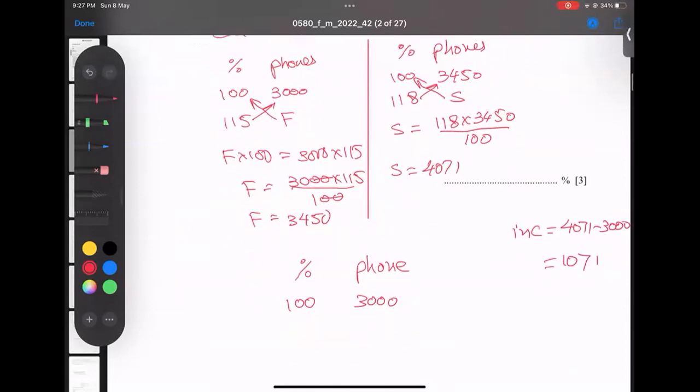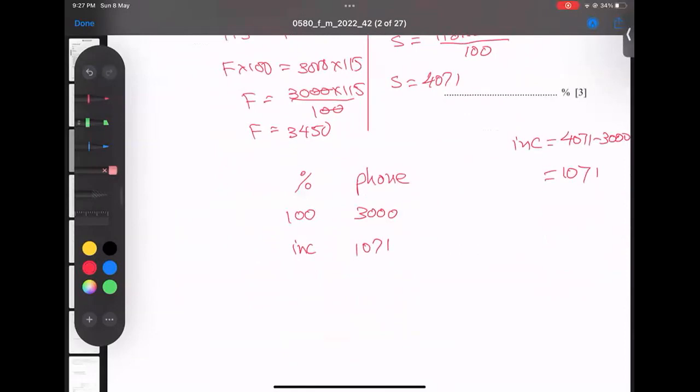And this I will keep here, 1071, and I stand for percentage increase, cross multiply.